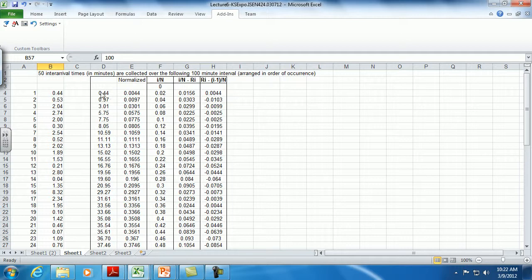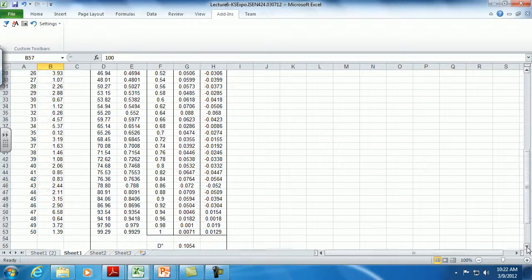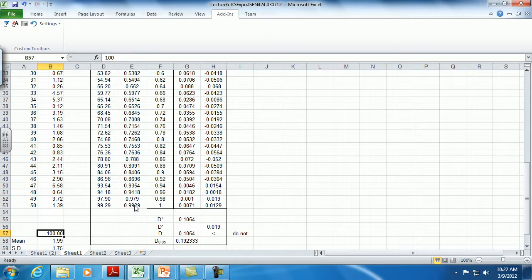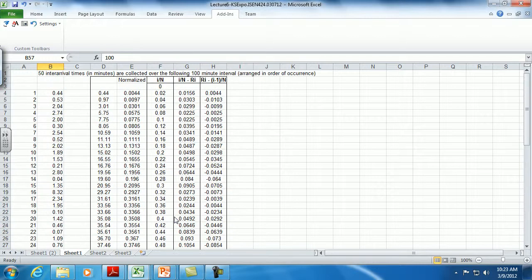So we divide 0.44 by 100, 0.97 by 100, and so on for all the data points. So all of them are within 0 and 1. Now we can use these numbers to test for uniformity.